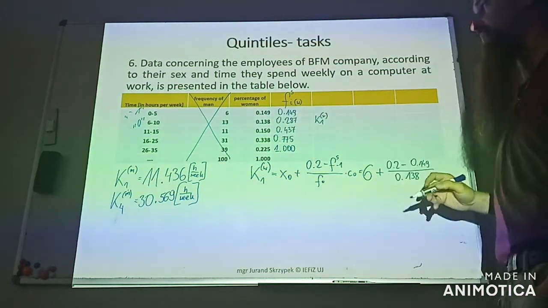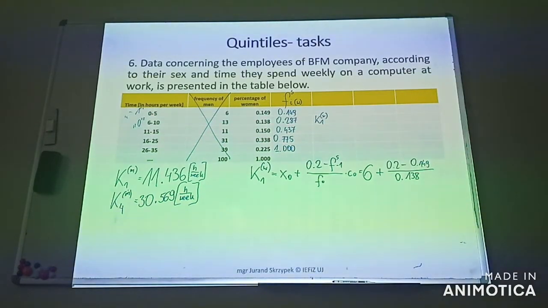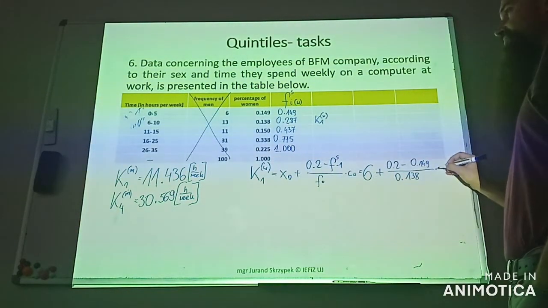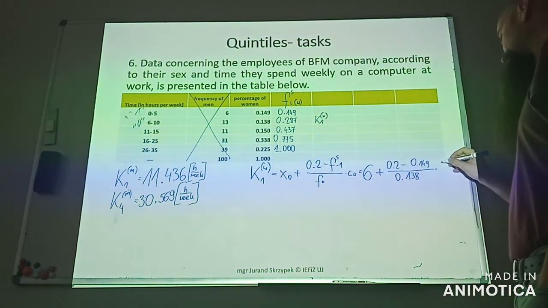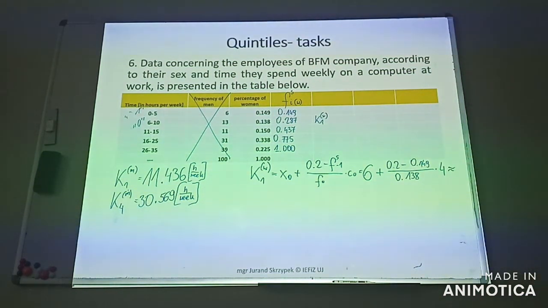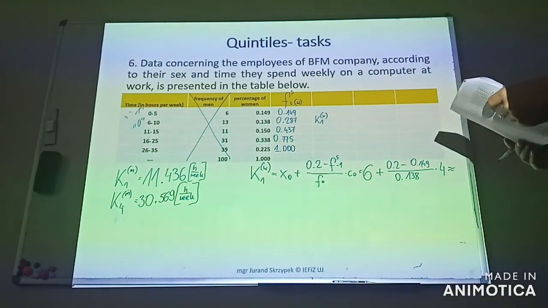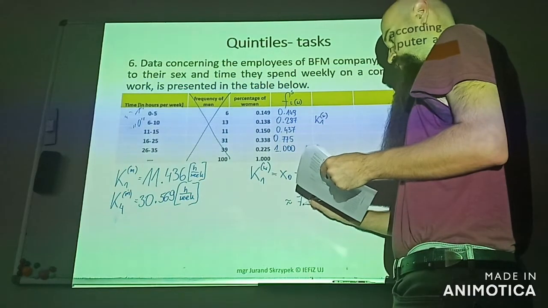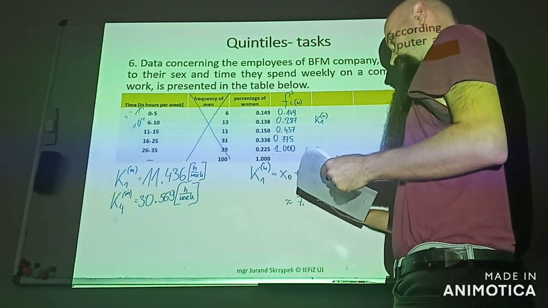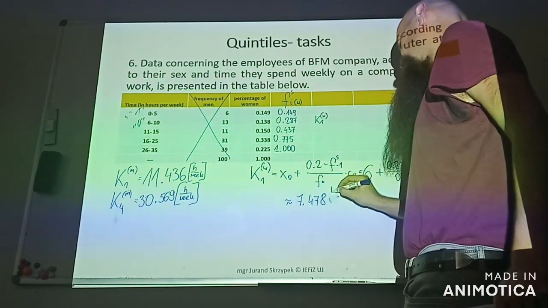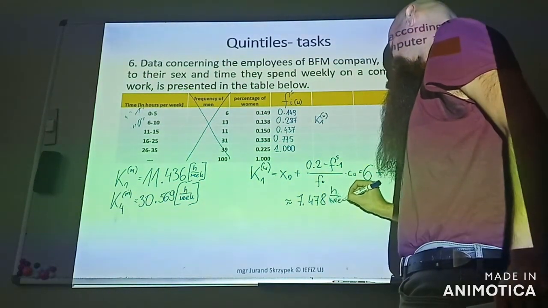This is the percentage of women from the second class, the class of the first quintile, and c0, the range of that class, yields 4. Alright, and the final result is, you can check it out, 7.478 hours per week.